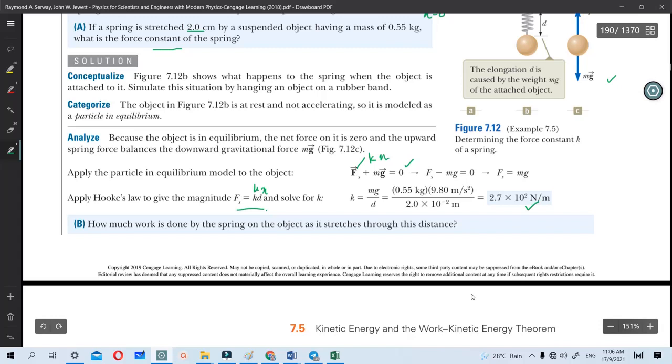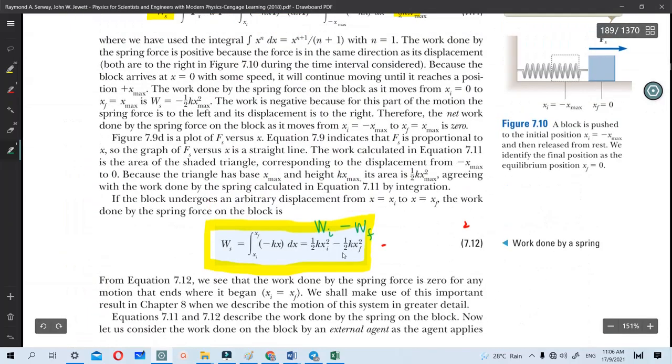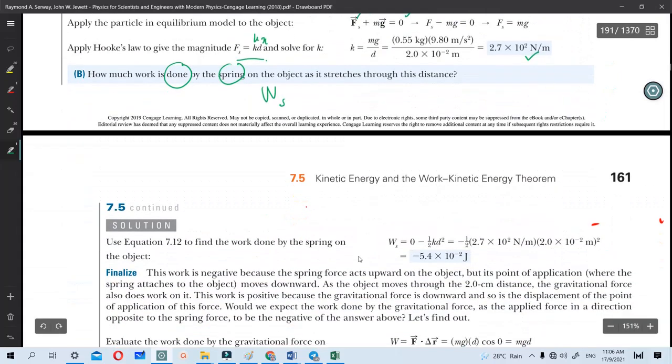Right? Now, if the question is asking related to this topic, it says work by spring. Work by whom? Who is doing the work? It was the spring. So we are now going to use the concept of initial minus final. Initial minus final. The spring is indeed a bit odd. Alright?